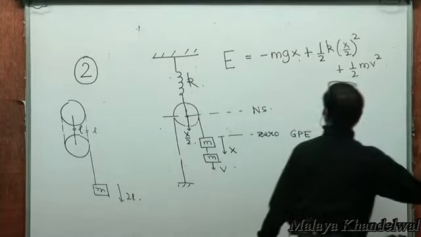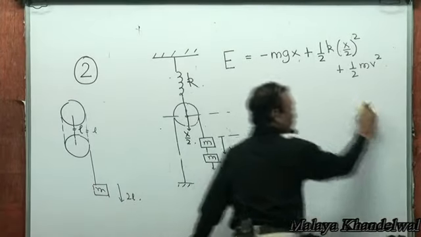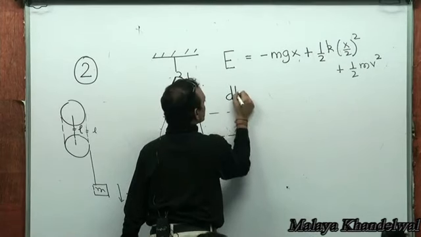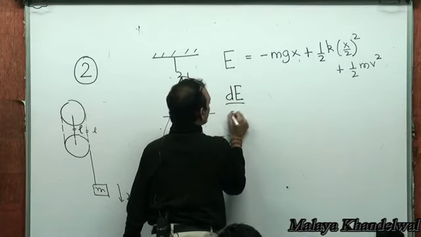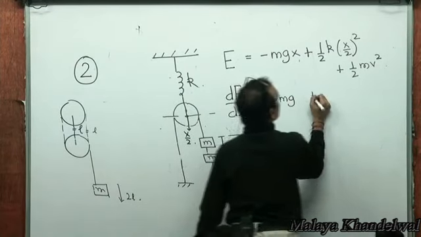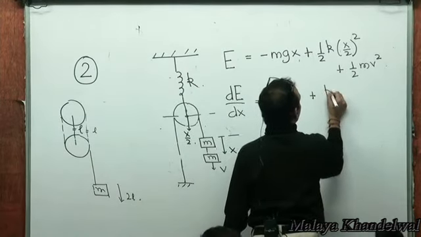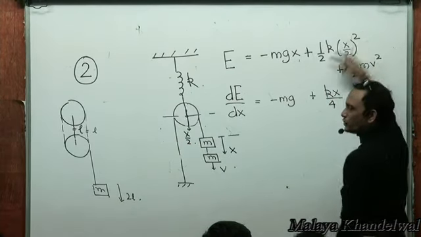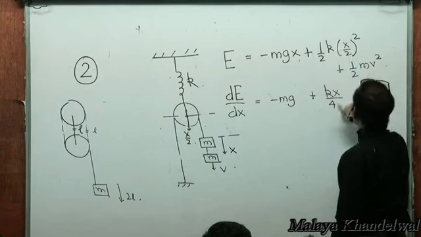If dE/dx is 0, dE/dx, as you can see, is minus mg plus kx by 4. X square will give me 2x, which will, that 2 will get cancelled, this 4 will stay.